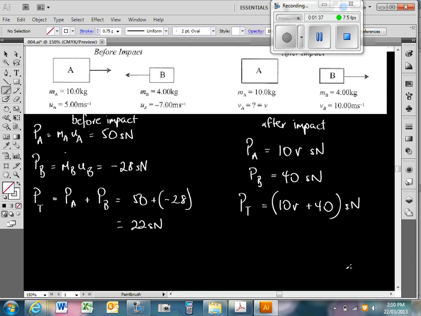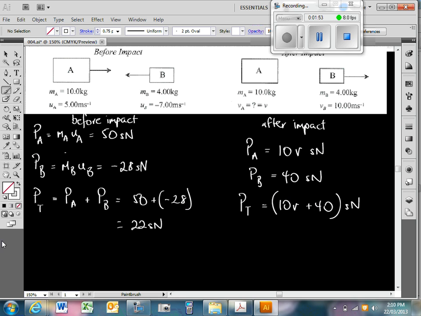What's the next step? Yeah, solve for V, but there's a step in between. There's a sentence you need to say. Yes, that's what I was looking for in particular.